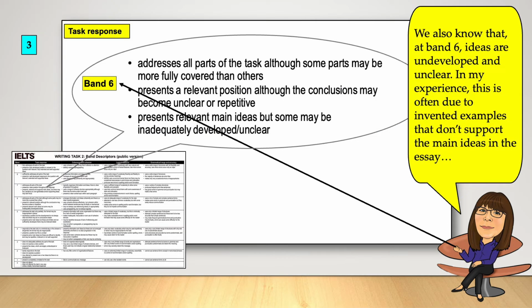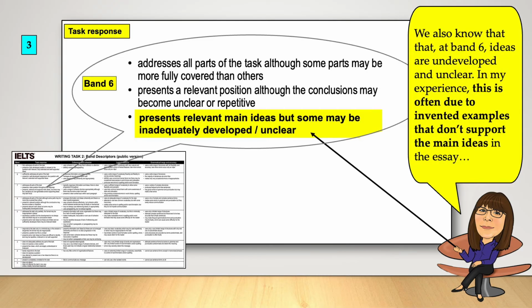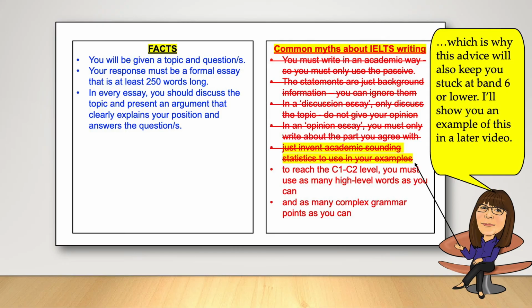We also know that, at Band 6, ideas are unclear. In my experience, this is often due to invented examples that don't support the main ideas in the essay, which is why this advice will also keep you stuck at Band 6 or lower. I'll show you an example of this in a later video.